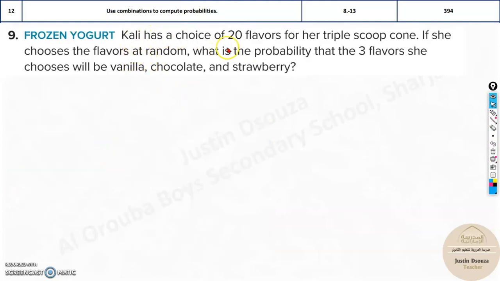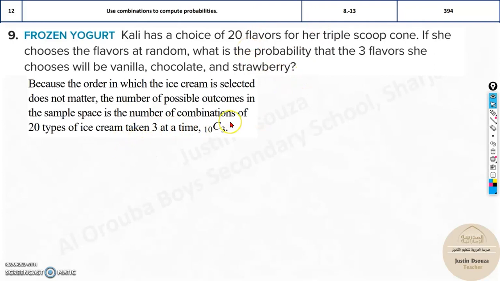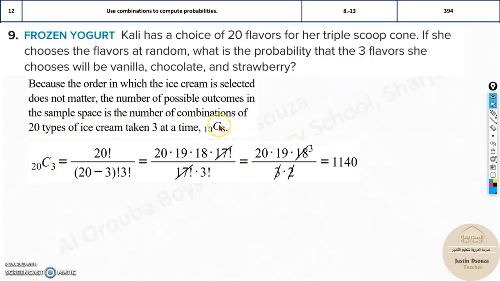Let's look over here. Kali has a choice of 20 flavors for a triple scoop cone. If she chooses the flavors at random, what is the probability that the three flavors she chooses will be vanilla, chocolate, and strawberry? So over here there are 20 flavors. Let me just read it properly. Yes, it's 20C3.